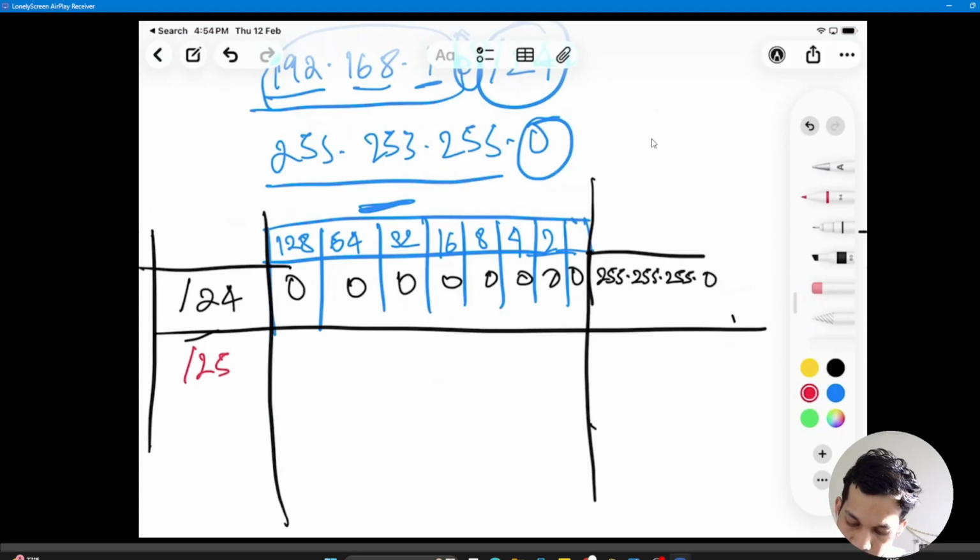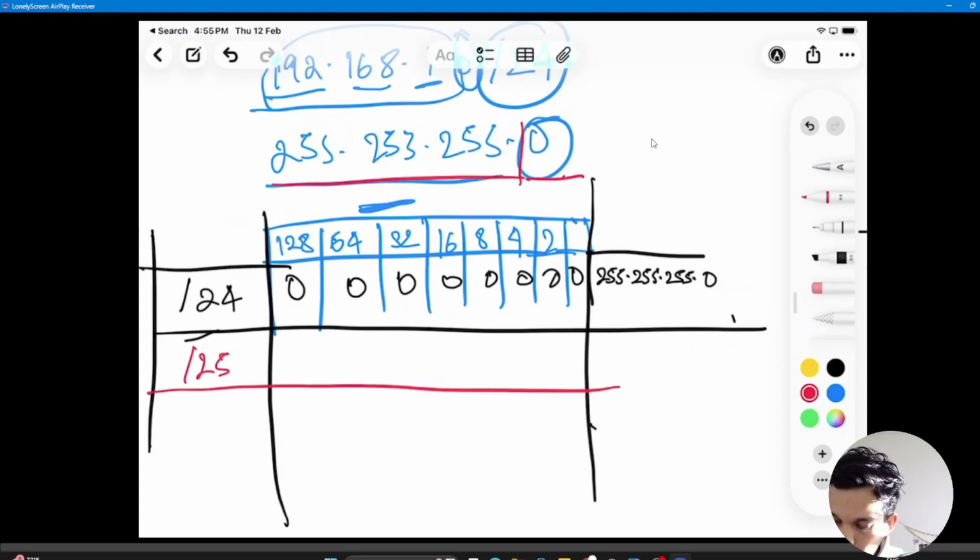What would /25 mean? /25 means the first 25 bits belong to the network and the remaining 7 bits belong to the host. The first 25 bits are ones and the rest are zeros.